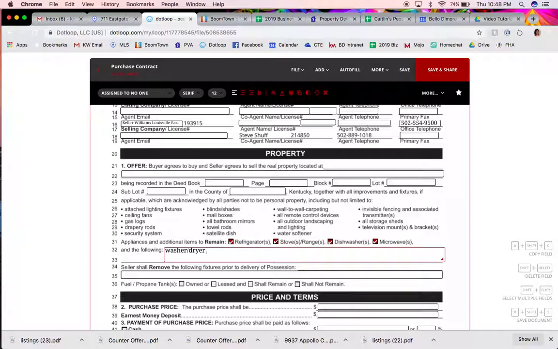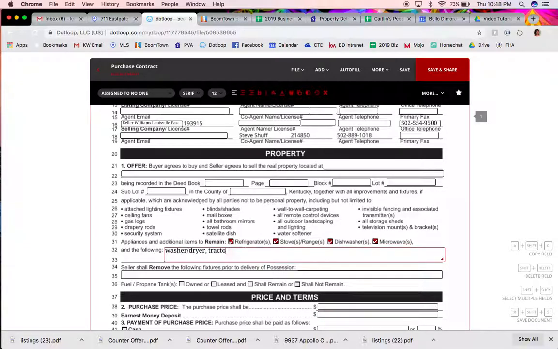So for instance, if you're buying like a 20-acre farm property or something, and there's a really nice tractor that you want to ask for to stay behind as part of the deal, don't write tractor right here, because that's an expensive piece of farm equipment. An appraiser might look at that and think that this $20,000 tractor is impacting our purchase price down here.